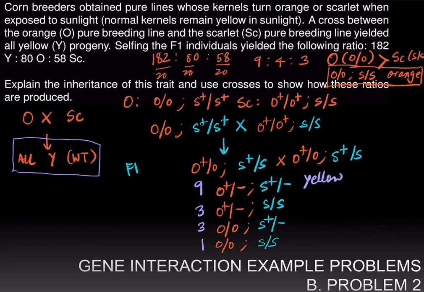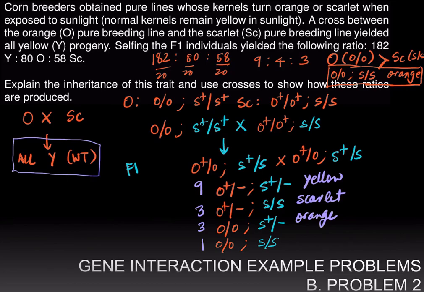Next, the next class has the wild type allele for orange, and therefore it will not have the orange phenotype, but it is homozygous for the mutant allele of scarlet, and so this class will be scarlet. The third class is homozygous for the mutant allele of orange, and therefore these plants will be orange.